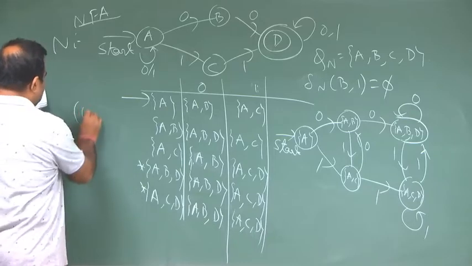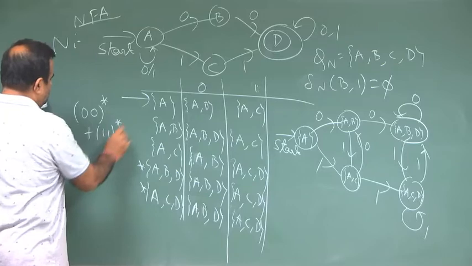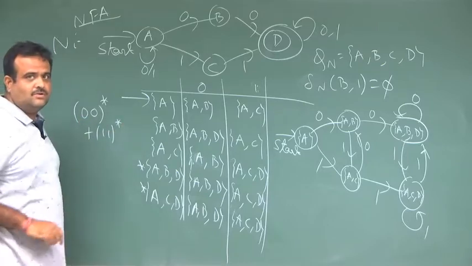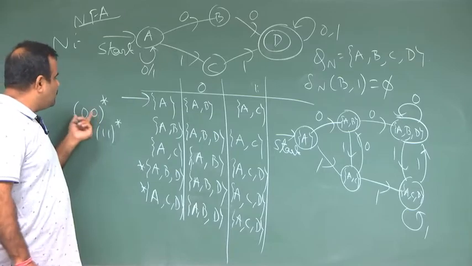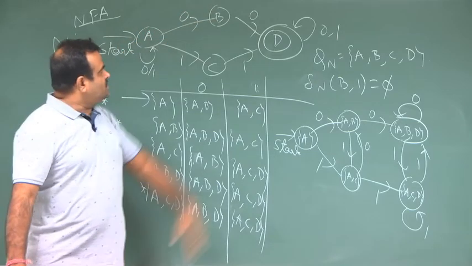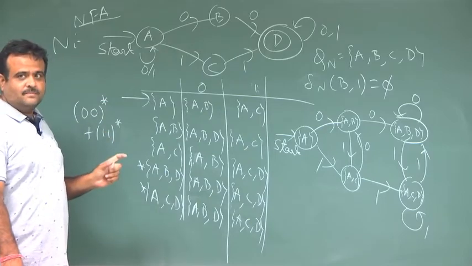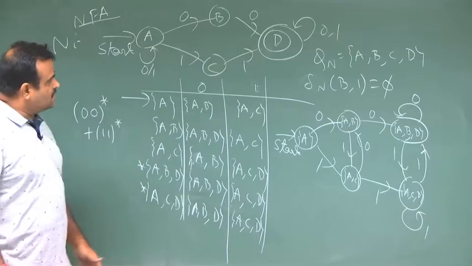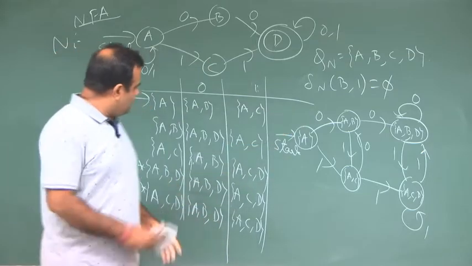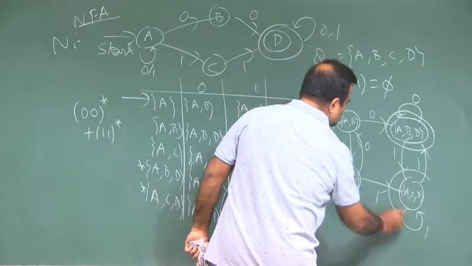In the regular expression it is 00 star plus 11 star. We will discuss this when we talk about regular expressions. This is the union of two languages. One language has 00 as a substring, and the other has 11 as a substring. And the final states are these two, this and this.